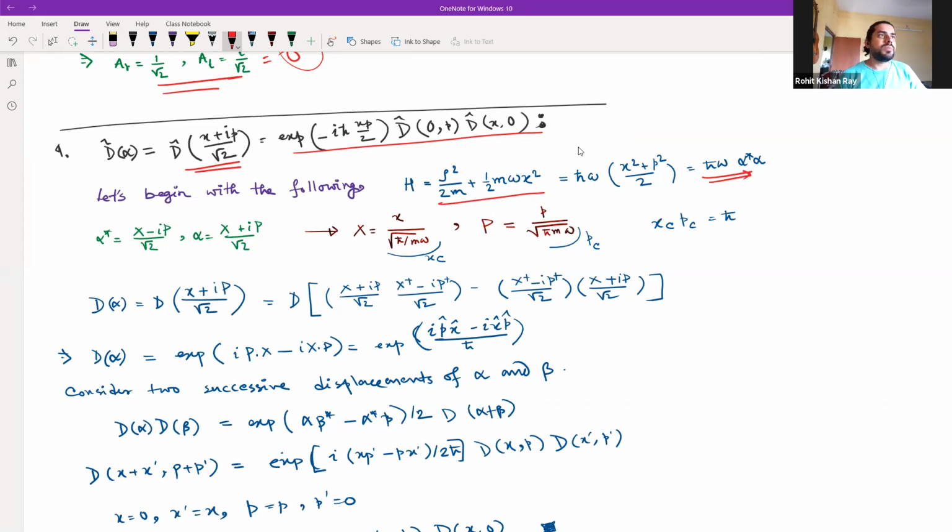These are basically complex numbers. x and p are real numbers. x and p can be on an Argand plane, from where we are taking alpha, because the displacement is a complex displacement.